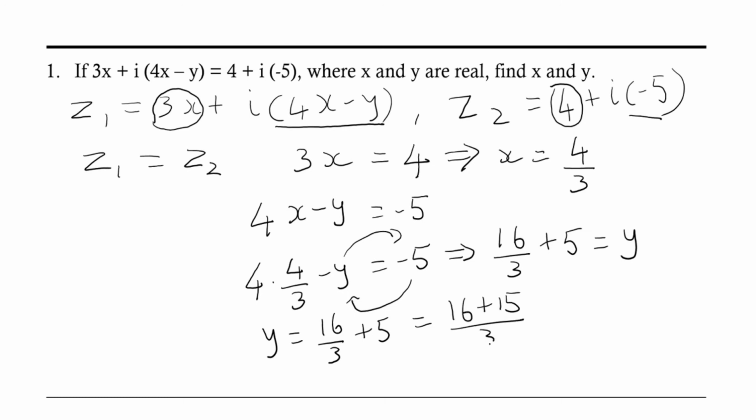I am taking 3 as LCM. This is equal to 31 by 3. So we have obtained x is equal to 4 by 3 and y is equal to 31 by 3. So this is how we use the property that if two complex numbers are equal, then their real parts are equal and imaginary parts are equal. Using this, we have found x and y.